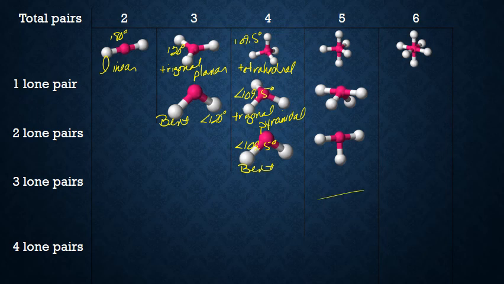A 6-sided structure we call octahedral. I know that's strange, but it is octahedral. 1 lone pair gives us square pyramidal, that's square pyramidal. 2 lone pairs, oh, I said that wrong.